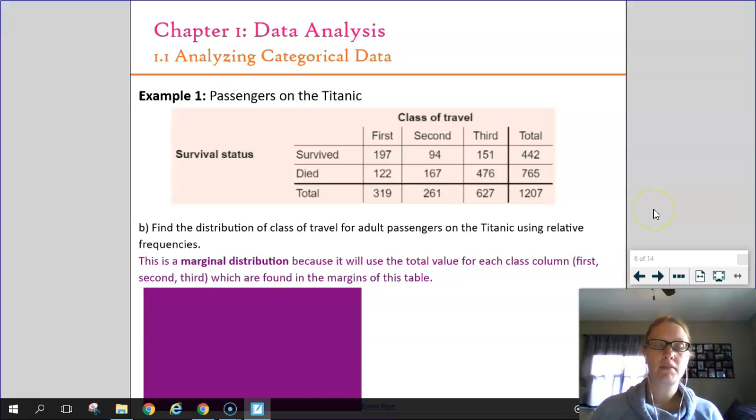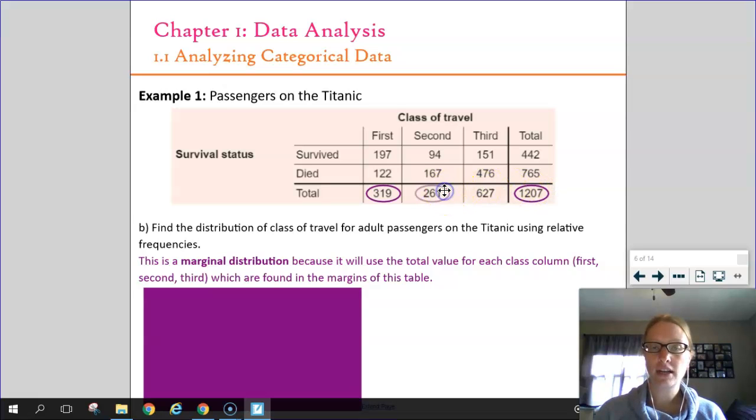Here's another example. Find the distribution of class of travel for adult passengers on the Titanic using relative frequencies. So when it says distribution of class of travel, that means it wants you to find the marginal distribution, but for each class of travel. So for first class, second class, and third class passengers. So we want to essentially know what percentage of passengers on the Titanic rode in the first class, which percentage in the second, and which in the third. This is again calculated using numbers in the margins. So I'll take the percent of passengers in first class, 319, divided by the total.